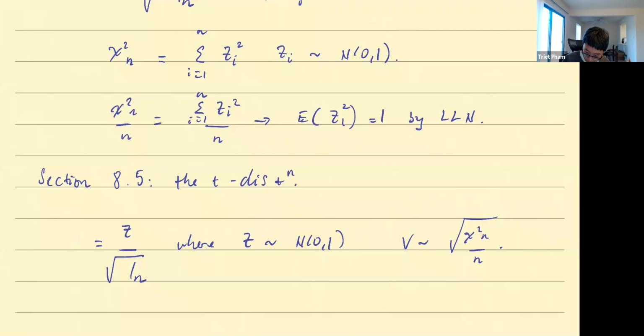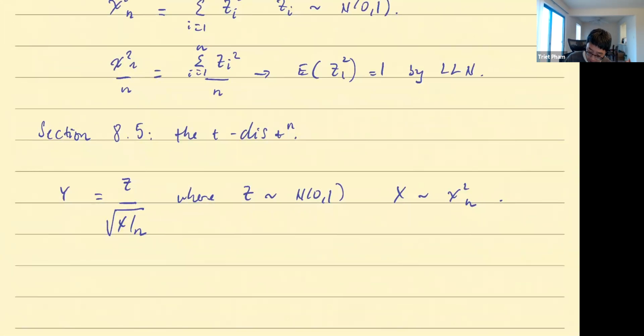This notation I think is a little bit more convenient: Y, X like this. So X is going to be chi-square n. All right, and so now I want to find the density of Y.